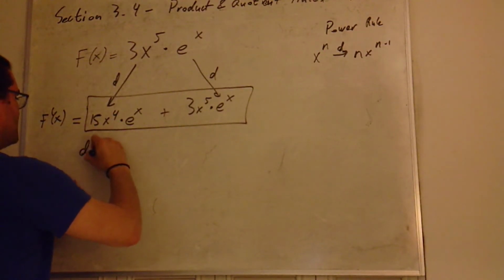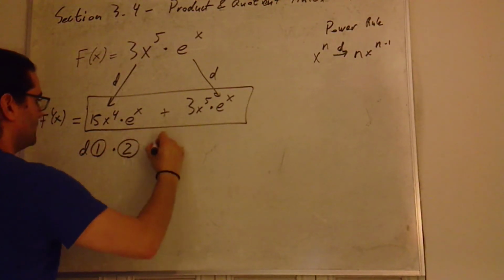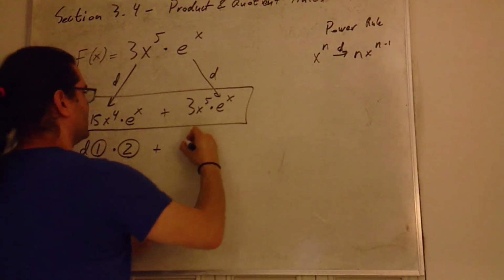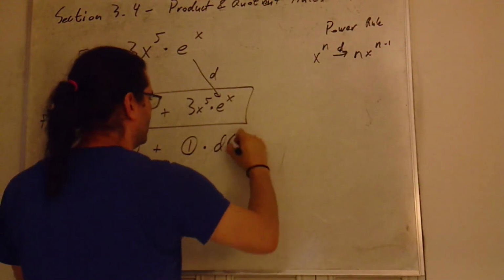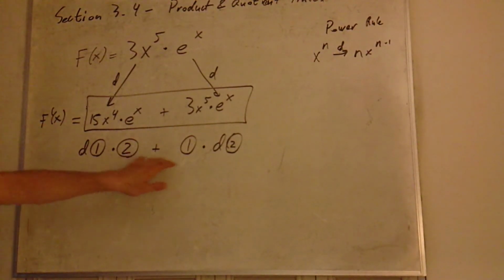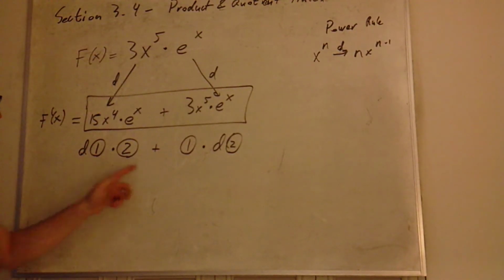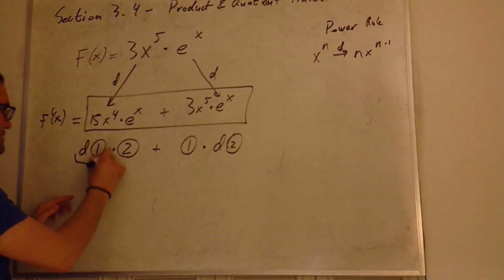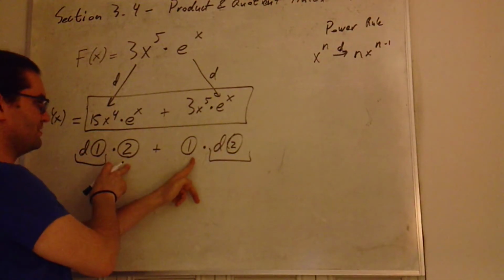derivative of the first times the second plus the first times the derivative of the second. These ones and twos are my notation. D means derivative of, so this is the derivative of the first, this is the derivative of the second, this is the original second, the original first.